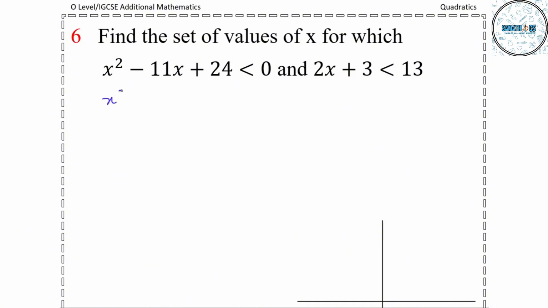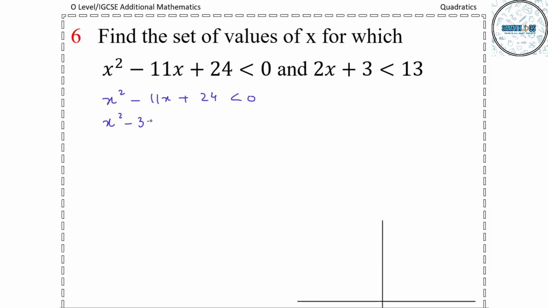First of all, we will solve this inequality: x squared minus 11x plus 24 is less than 0. We'll solve it by middle term breaking. When we multiply 24 by x squared, we will get 24x squared, and the factors of 24 are 3 and 8, which will give the result as 11.